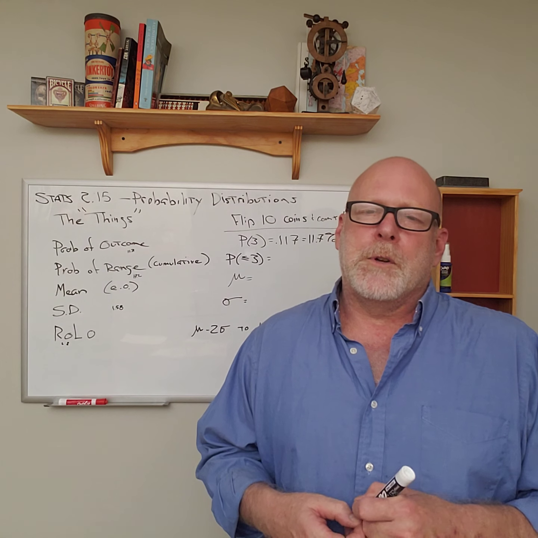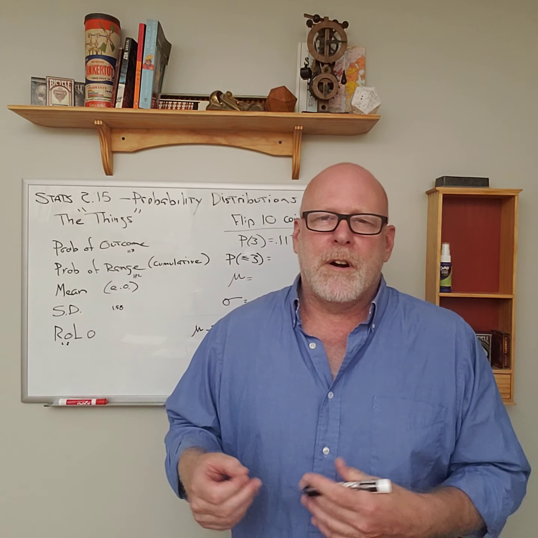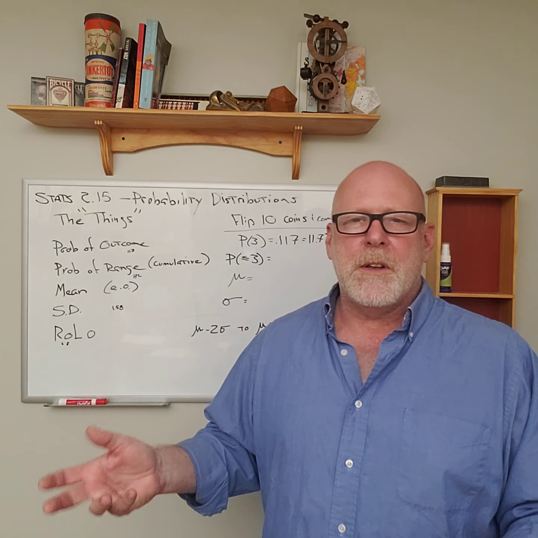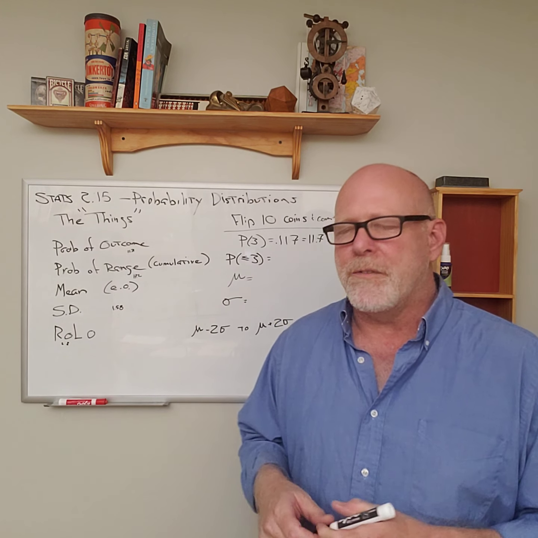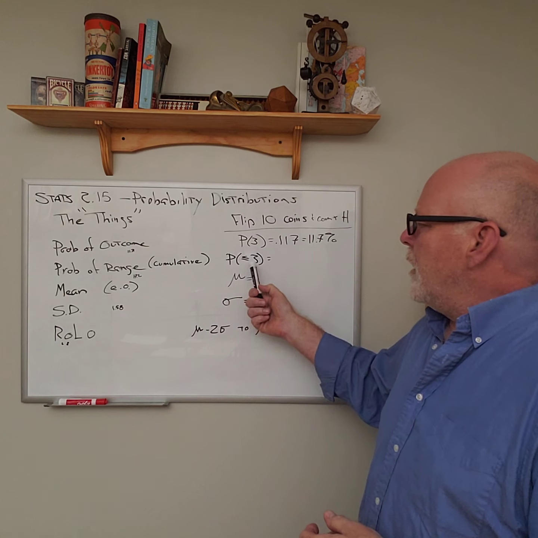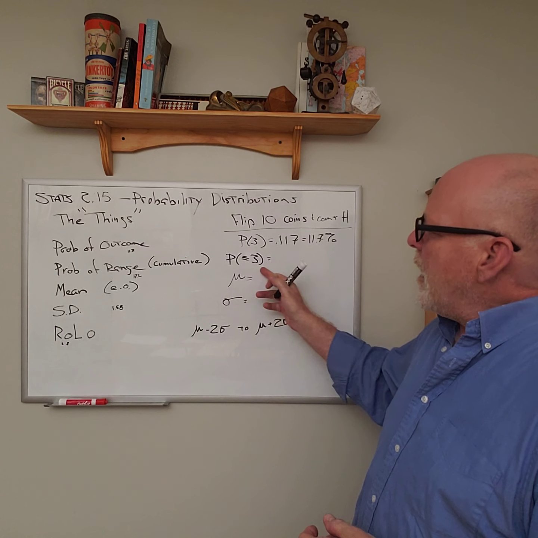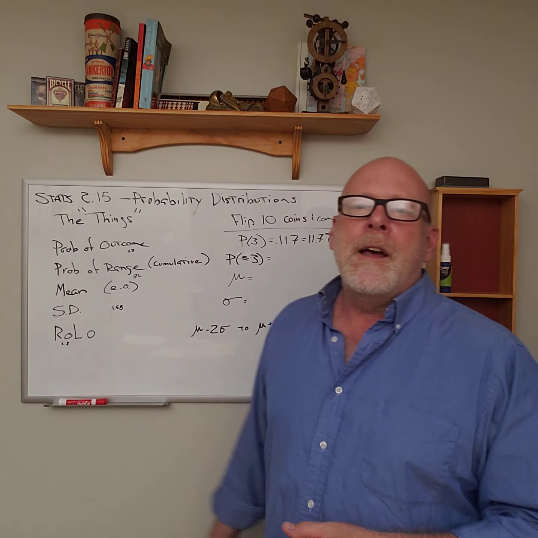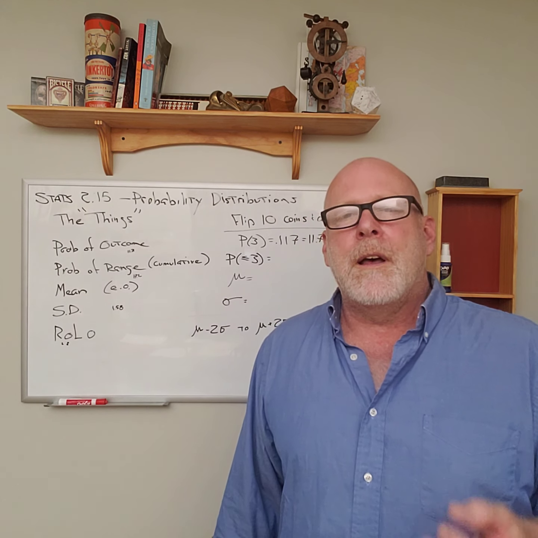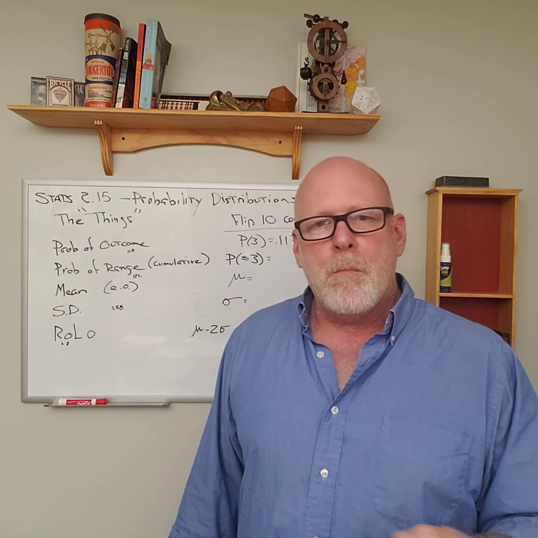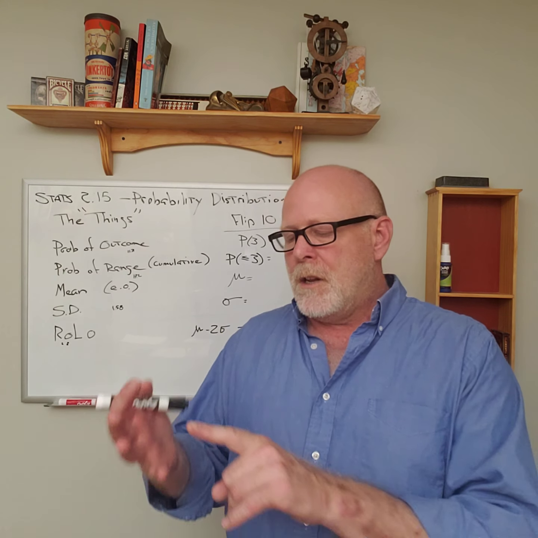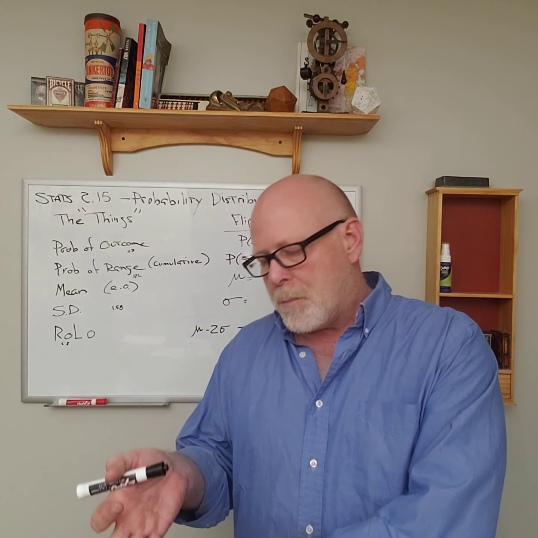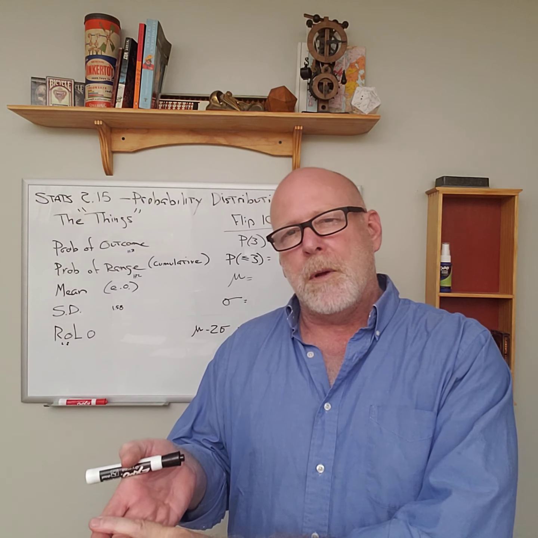Another thing we want to be able to do, to determine if we're outside of the range of normal, is find out if something is a really unusual event. We want to be able to calculate the probability of a range of outcomes. We call this a cumulative probability. I want to find the probability that we flip no more than 3 heads. So that's the probability of flipping 0 plus the probability of flipping 1 plus the probability of 2 plus the probability of 3.